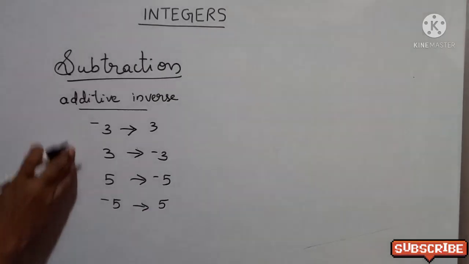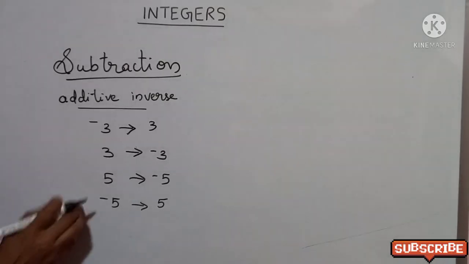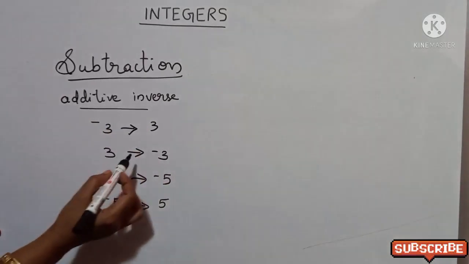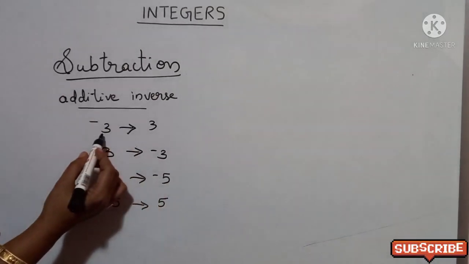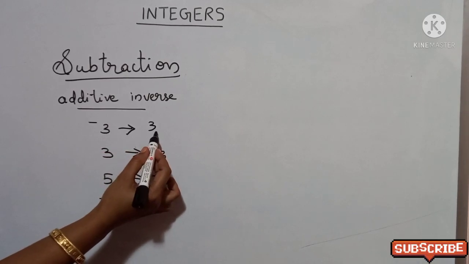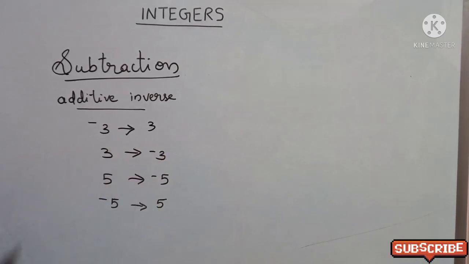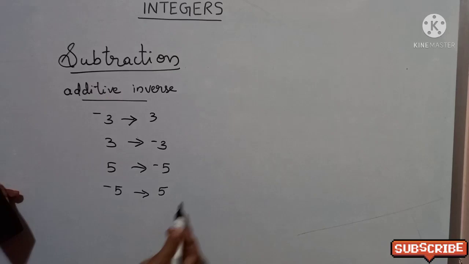That means whenever we are finding the additive inverse of a number, if it is positive, it becomes negative. If it is negative, the additive inverse is the positive of that same number. We can apply this in the case of subtraction.